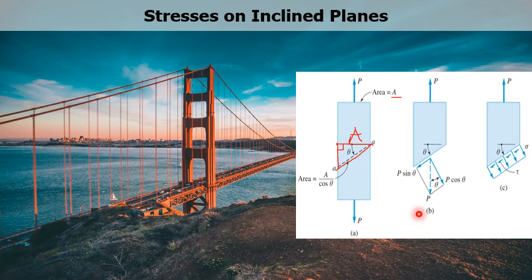In figure B, the free body diagram of the inclined plane AA is shown. The vertical tensile load P has a component that is perpendicular to the inclined plane and parallel to the inclined plane. If the inclined plane has an angle theta with the horizontal, the perpendicular force to that inclined plane has an angle theta with the vertical.